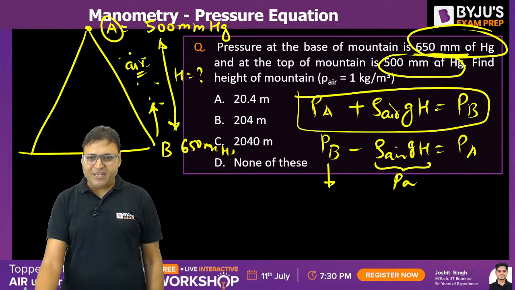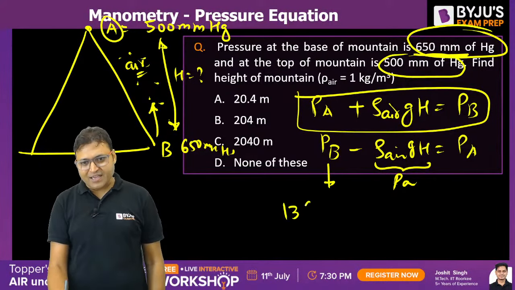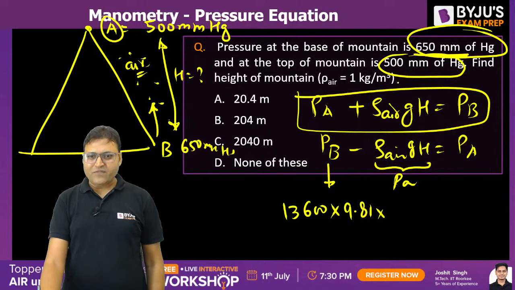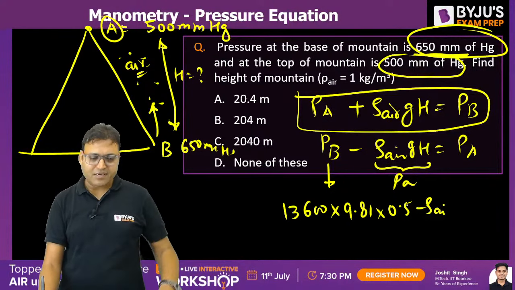What is the pressure at B? That is 13,600 into 9.81 into 500 mm, so 0.5 minus density of air. Let me write.